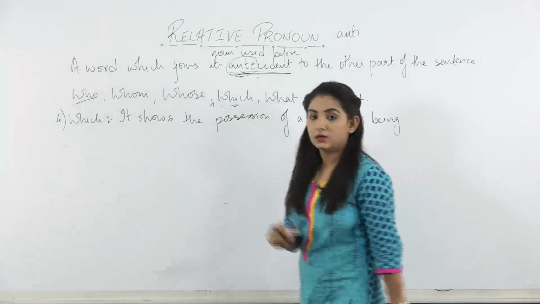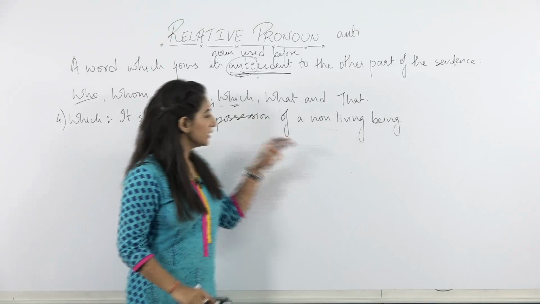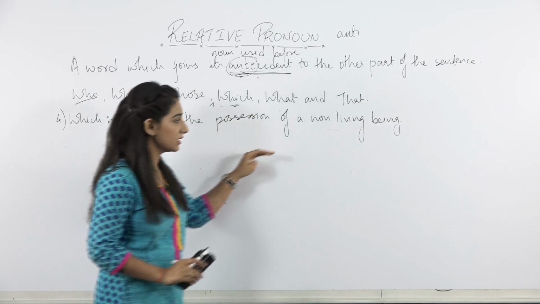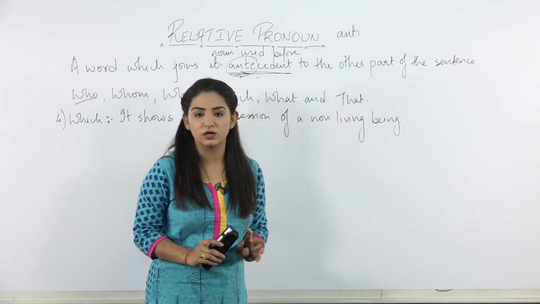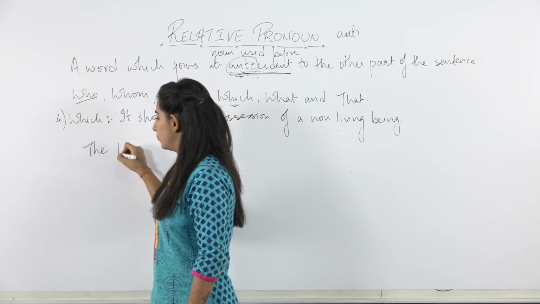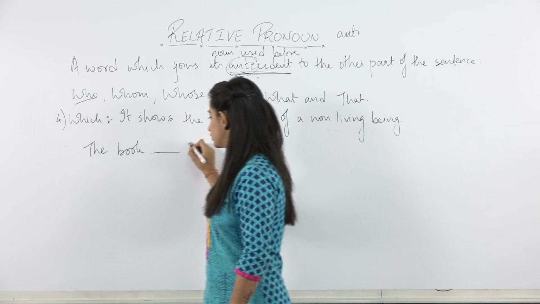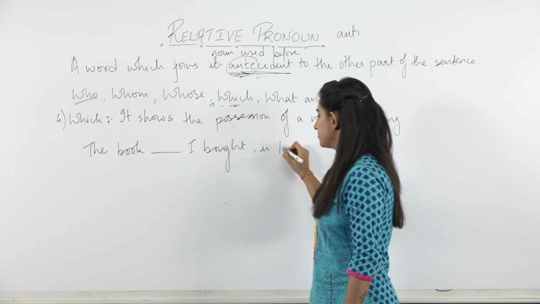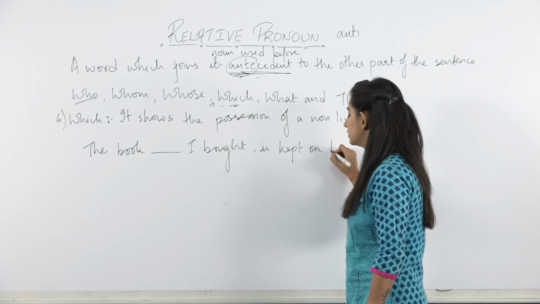Got it? हम इसके साथ भी किसका यूज करेंगे? ये भी पोजेशन दिखाने का, ये भी अधिकार दिखाने का ही काम करेगा, लेकिन यहाँ पे किसका अधिकार बताएगा? नॉन लिविंग बीइंग का. ठीक है, नाउ लेट्स टेक एन एग्जाम्पल. The book dash I bought is kept on the table.